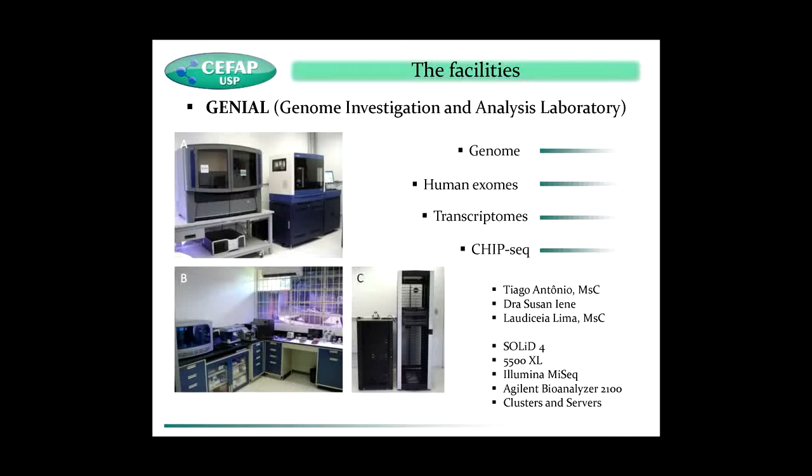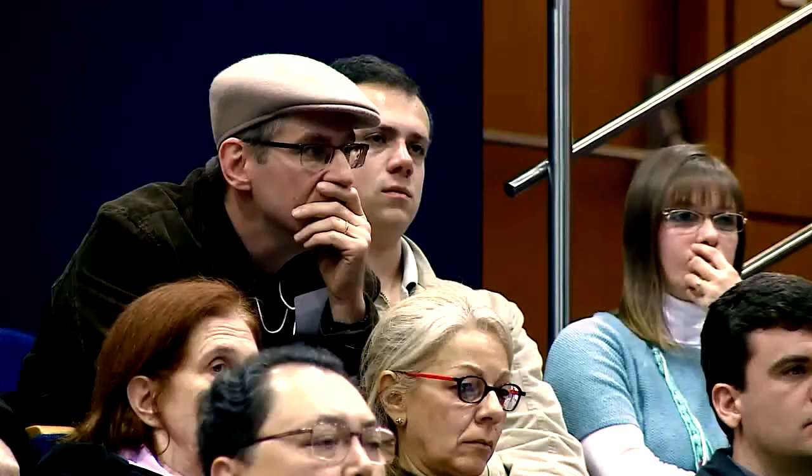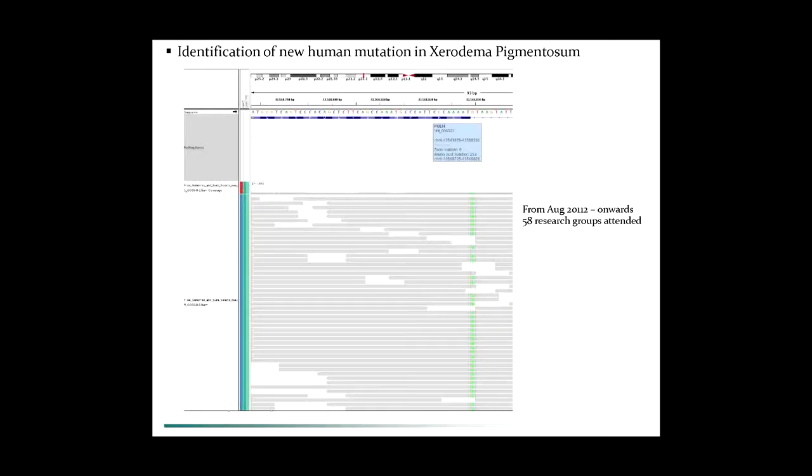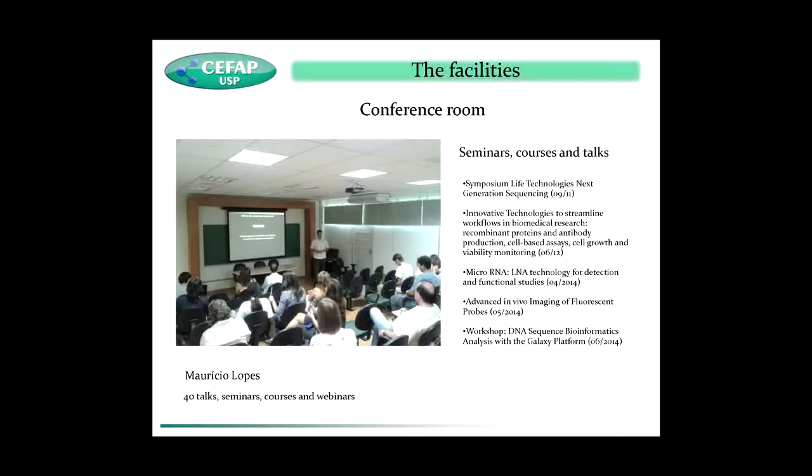We have a SOLiD XL and a SOLiD 4, together with a MiSeq, and also the equipment to build the libraries and to analyze the quality of DNA and RNA, so we can do whole genome, exome, transcriptome, even ChIP-seq. Just to give an idea, this is one of our datasets where they could identify a mutation in a disease, Xeroderma pigmentosum. Since the beginning, they have worked with almost 60 research groups in this core facility.